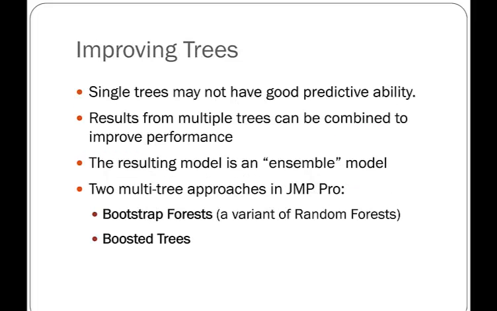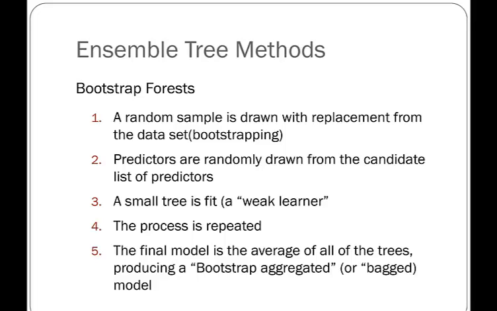There are a couple of things you can do to improve on the classification and regression trees. The first one is called bootstrap forests, and then boosted trees. Both of these are available in JMP. Bootstrap forests are basically the combination of lots of classification and regression trees that are formed on random samples from the data, and then to get the prediction or the classification, the final model is just the average of all of the trees that are produced with the bootstrapping.